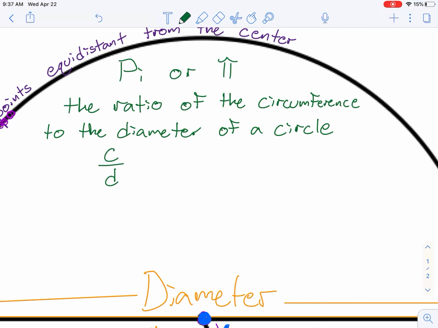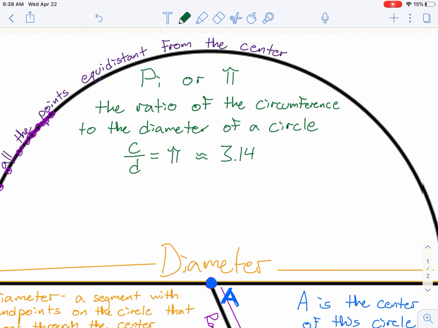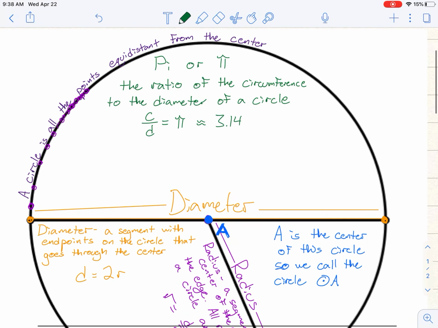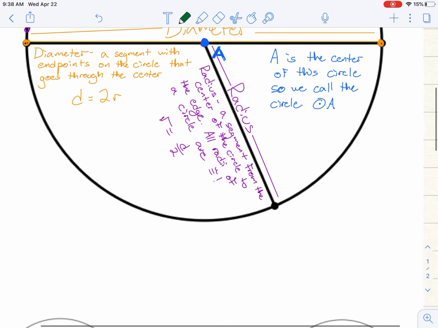So that means that circumference divided by diameter is equal to pi, which is approximately 3.14. Most of the time we use 3.14 for pi. Sometimes we go for exact. A lot of times I actually have you leave it in terms of pi. So that's what pi is. It's the ratio of the circumference to the diameter of a circle.